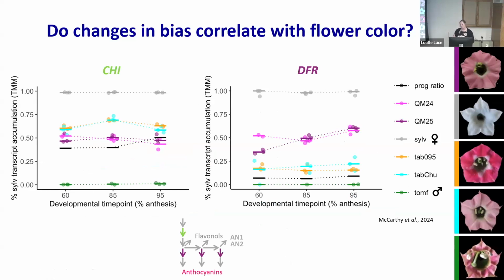They instead correlated with the polyploid age. So our synthetic polyploids, which are here in these pink and purple points, tended to be more equally expressed, whereas our natural polyploids here in cyan and orange are further away from that equal expression. So those are more biased. And we saw that both in CHI at the beginning of the pathway and in DFR towards making anthocyanins.